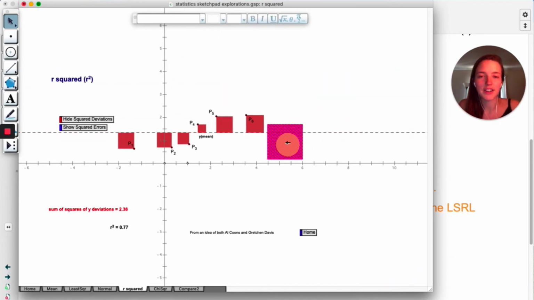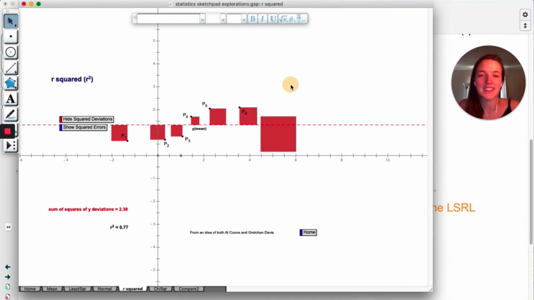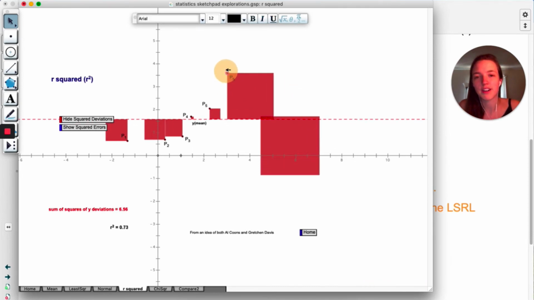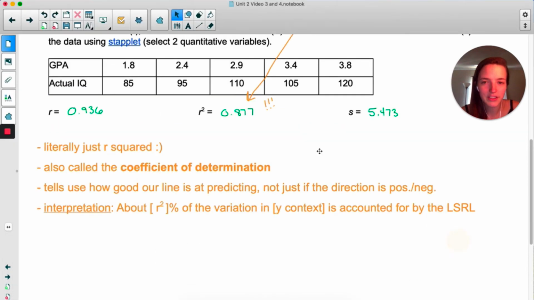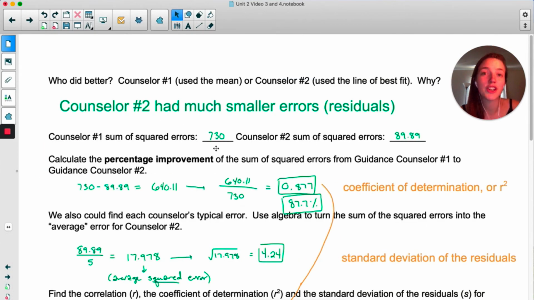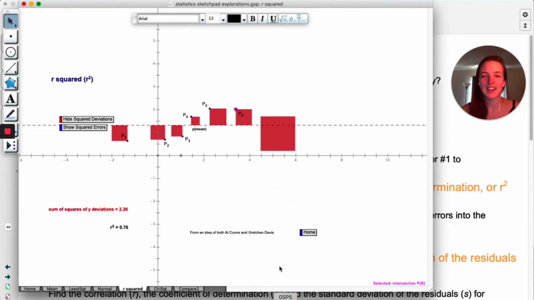This square here is the sum of all of the squares. So if I make this bigger, that sum is going to get bigger. It's essentially the 730. It's adding up all those squared residuals. So you can see that this line is not great at predicting.